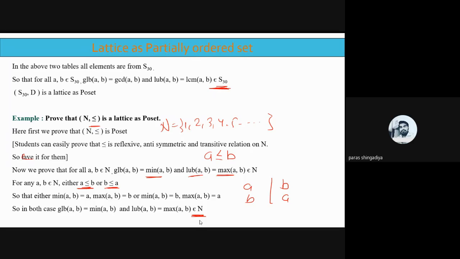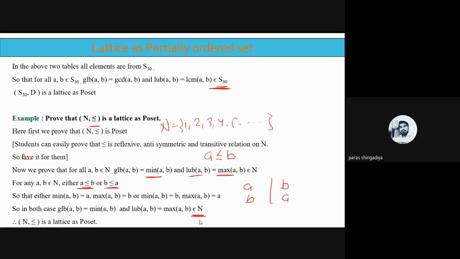Okay, we just check that the GLB of any two numbers from the set and LUB of any two numbers from the set, the answer should exist and belong to the set again. Okay, belongs to the N. So here the set is given as natural numbers, and the answer also belongs to the N, and therefore we can say that N, less than or equal to, is lattice as a poset.